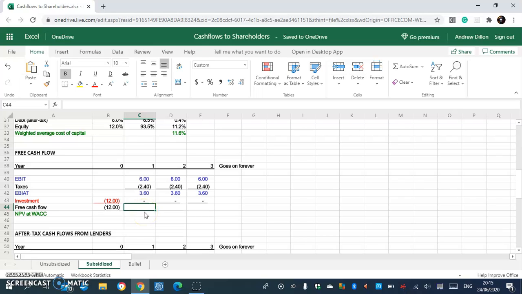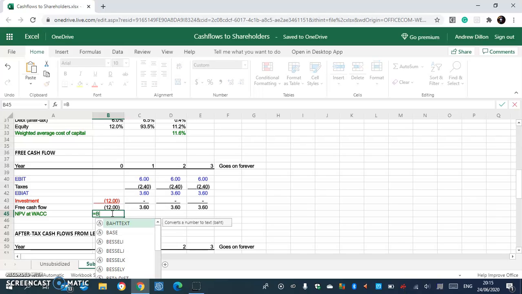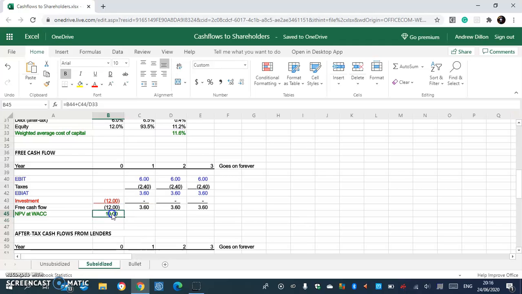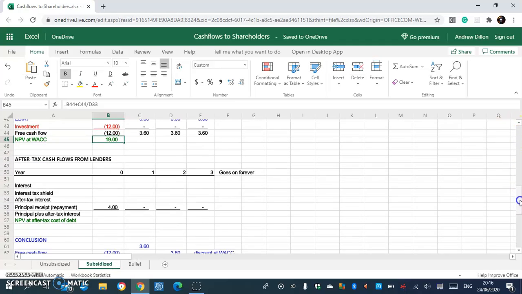Okay, the next step is the free cash flow. Now to calculate the net present value of WACC. 19, that's very good.